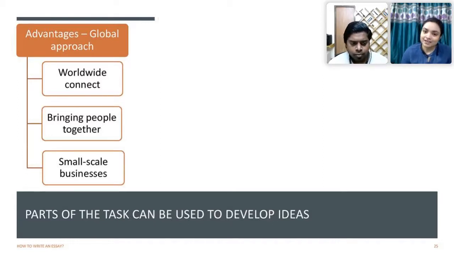So all of these 3 things support the main idea in this paragraph. We will look at a paragraph as an example, but this is what an outline or a plan may look like. Give you some time, have a look, and then we move on. Okay, ma'am.